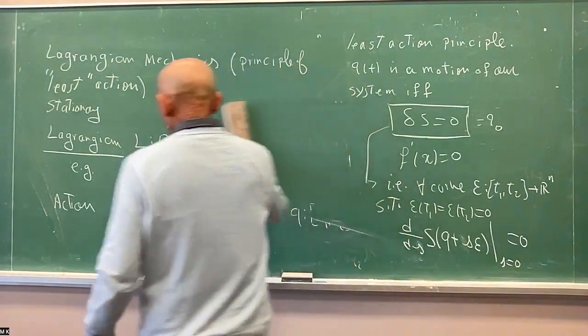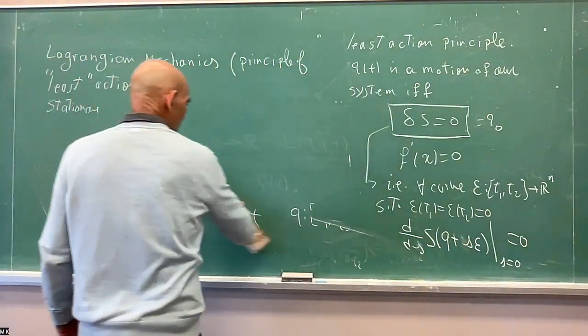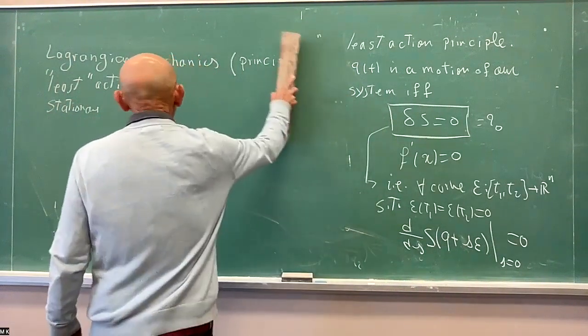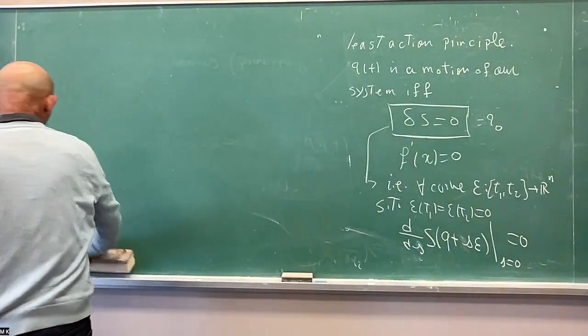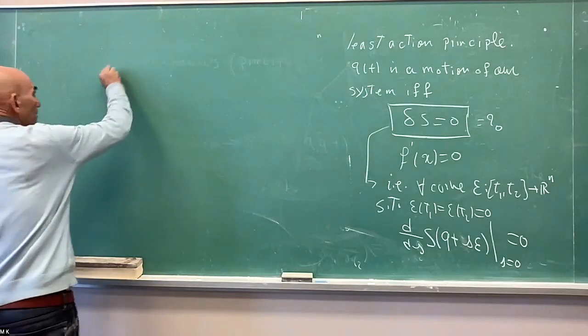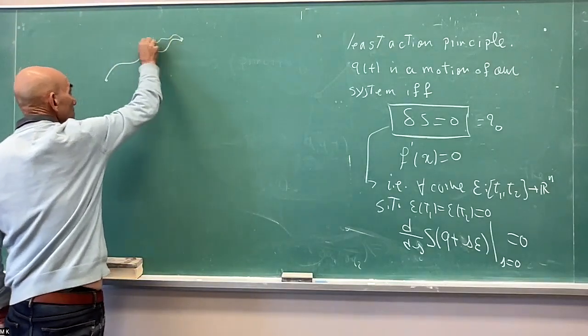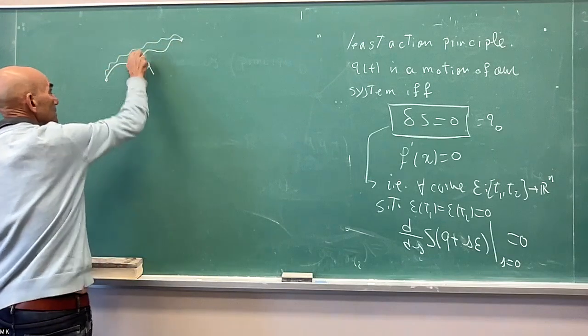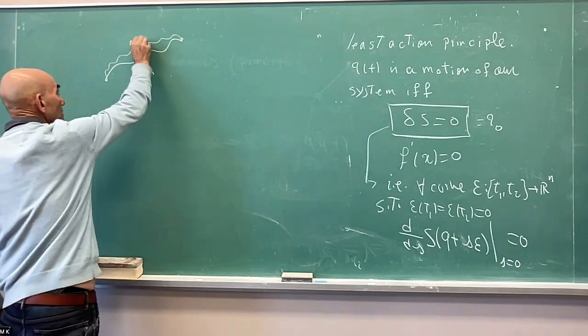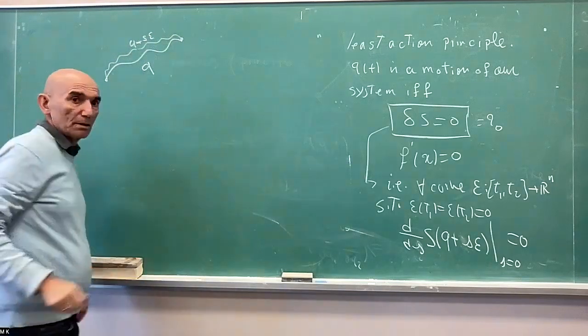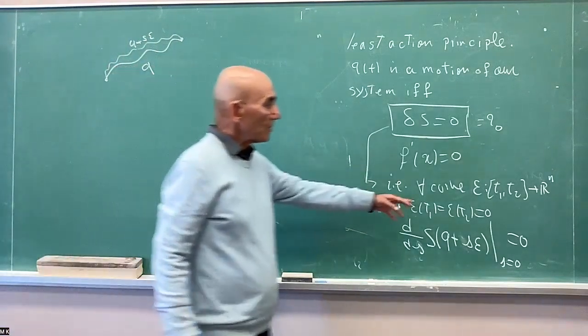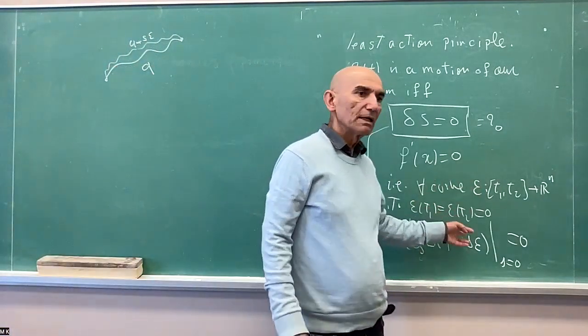Let's unpack that equation a little further. What does that mean? Well, this is the curve, right? This is Q. And we are looking at some perturbation. This is Q plus s epsilon. You see, I chose epsilon in such a way that it is 0 at the two ends.